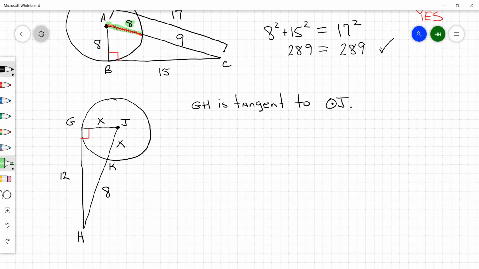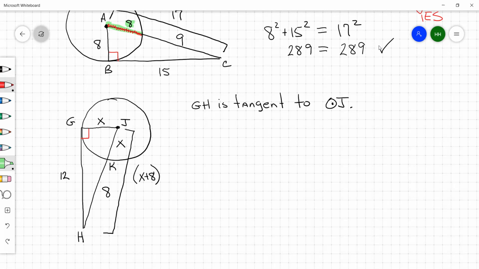But look at this hypotenuse again. What's the length of this hypotenuse? One piece is 8 and one piece is x. What is it? 8 plus x, or not 8x. Can we call it x plus 8? Very good, we can.